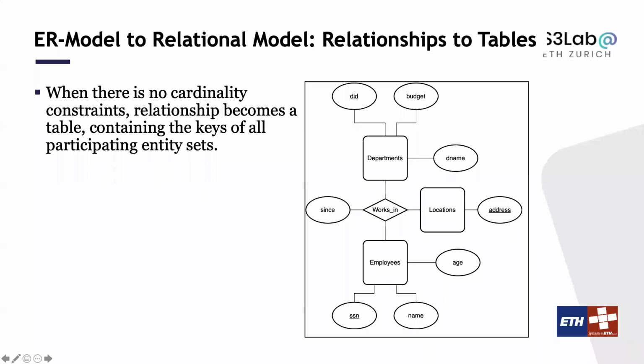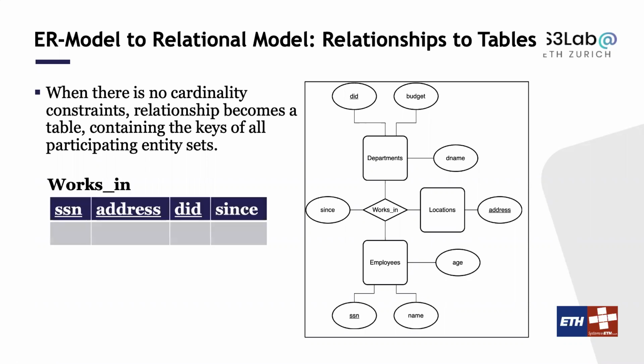When you want to translate this relationship into the relational model, here I do not have any cardinality constraints. So one way to do it is it will become a table that looks like this. The name of the relation, works in, is consistent with the works in in the ER diagram.